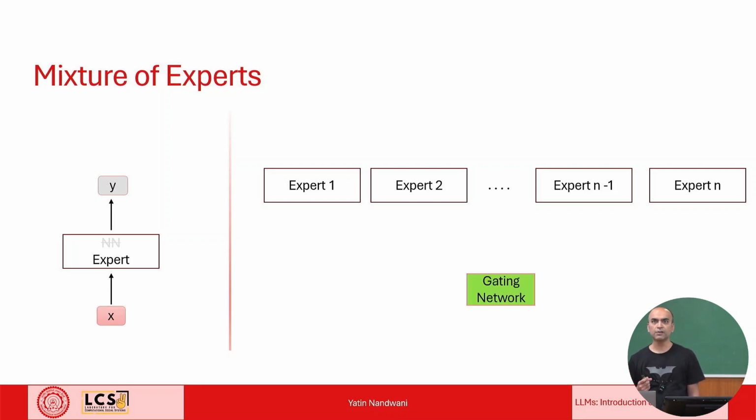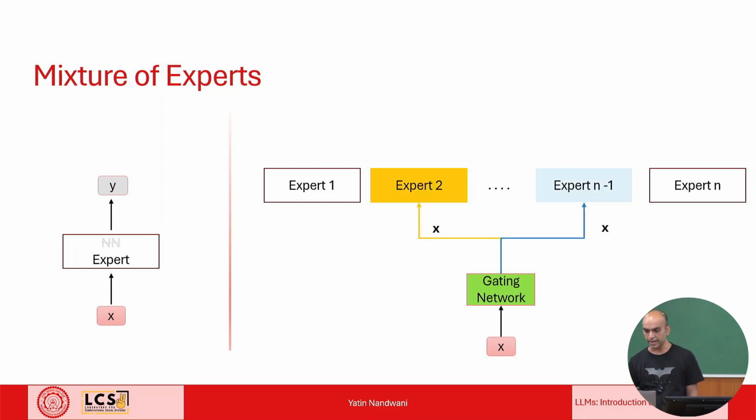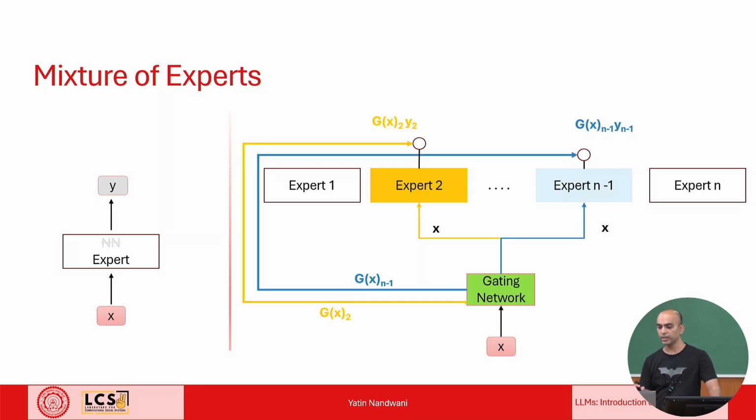In addition to these, we have a gating network. When an input X comes, the gating network selects which experts should be activated. For example, in this figure, expert 2 and expert n-1 are active. These two experts compute their respective outputs, y2 and yn-1, and we multiply them with the gating probabilities. So g of x2 is the probability of routing to expert 2, and g of xn-1 is the probability of routing to expert n-1.